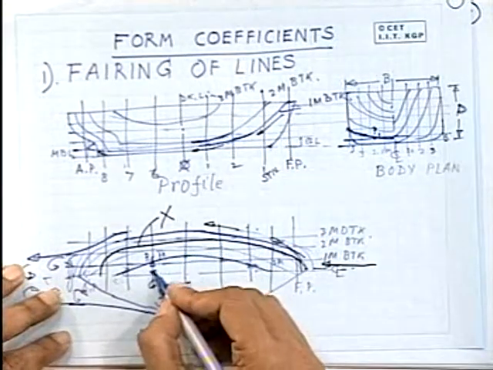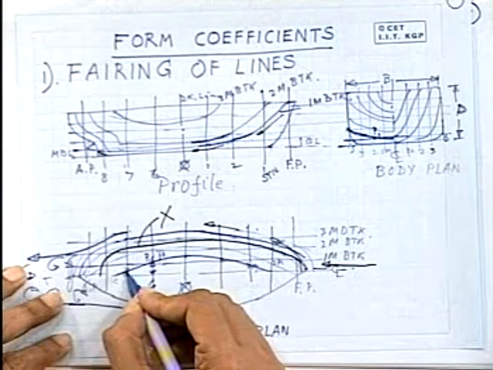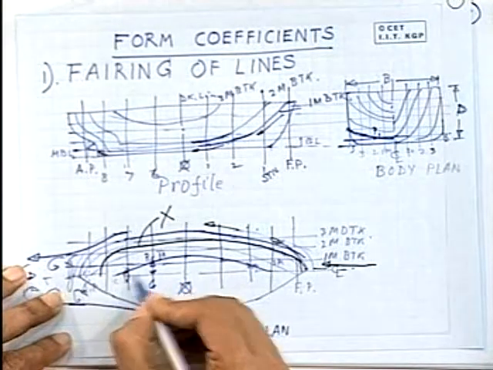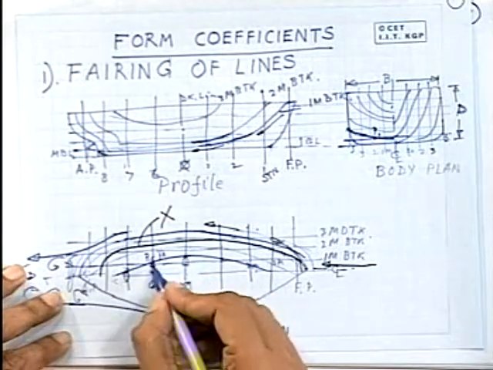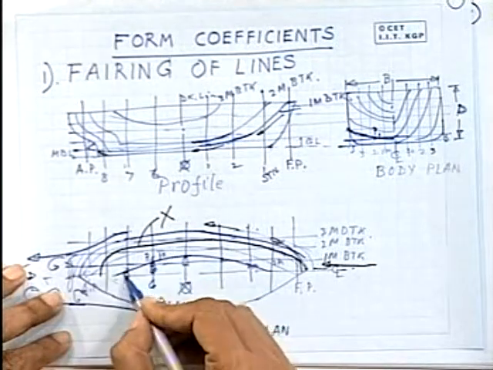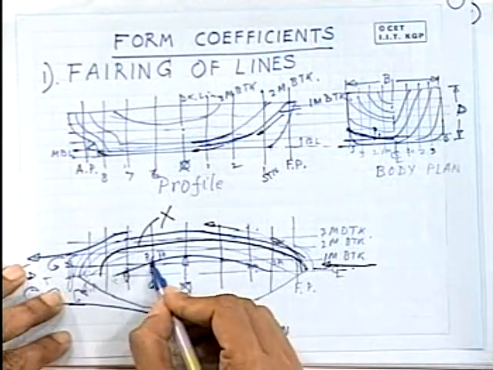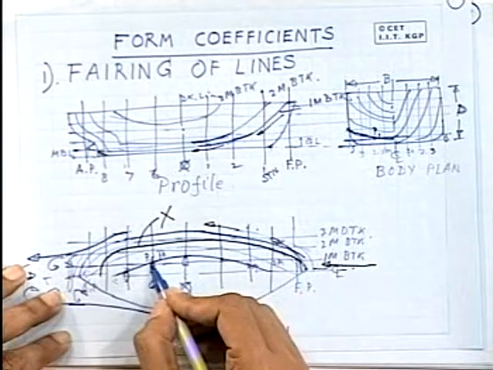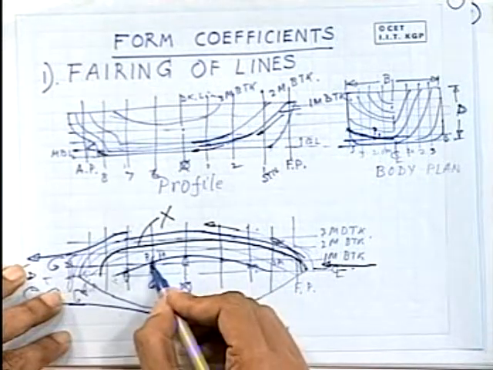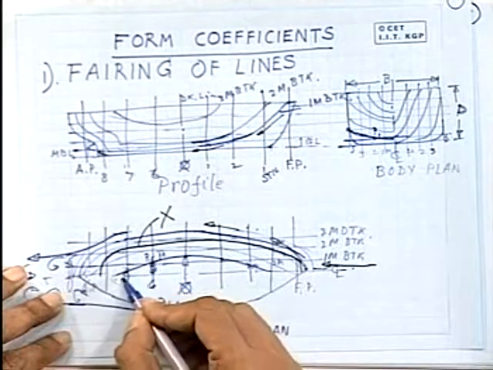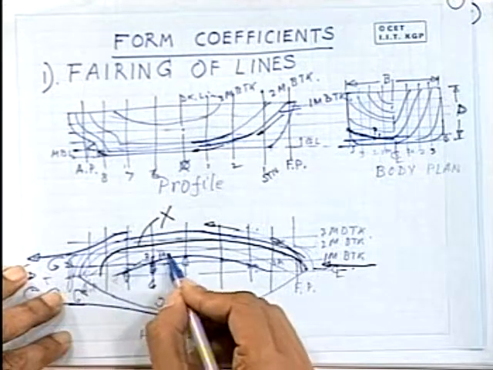Now, if you want to have a smooth curve, then suppose you have placed a weight in this region, another weight has been placed here. If you remove this weight, there should be no change in curvature or slope of the curve. Now, if there is a drastic change in the slope, when one removes this weight, the line goes like this.